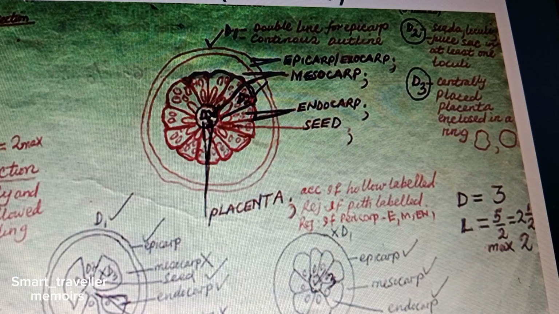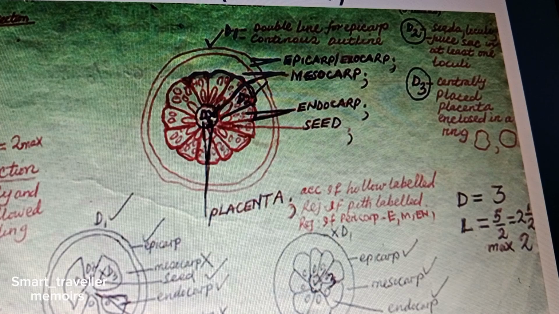D3: centrally placed placenta enclosed in a ring. Centrally placed placenta enclosed in a ring. That's why you get D3.